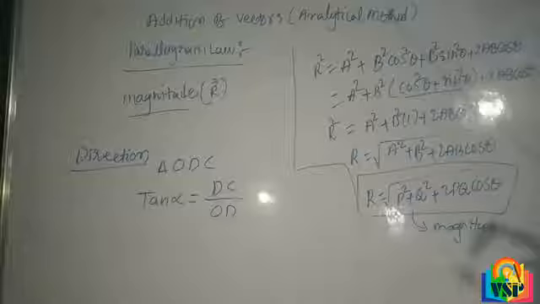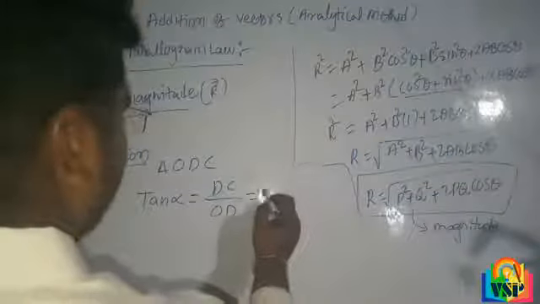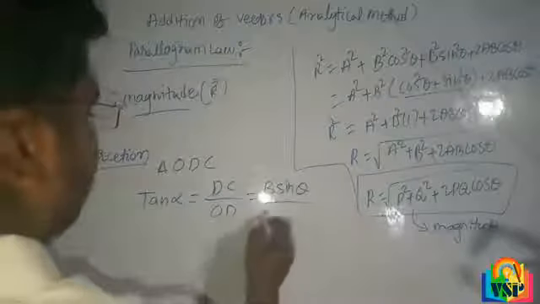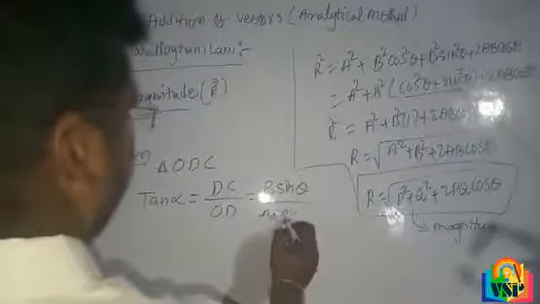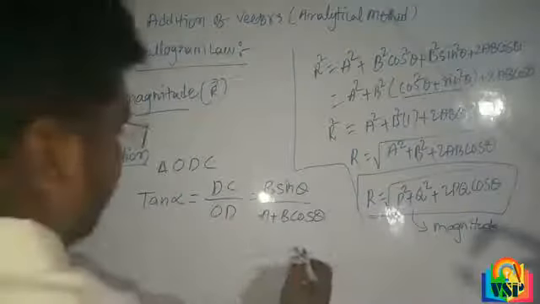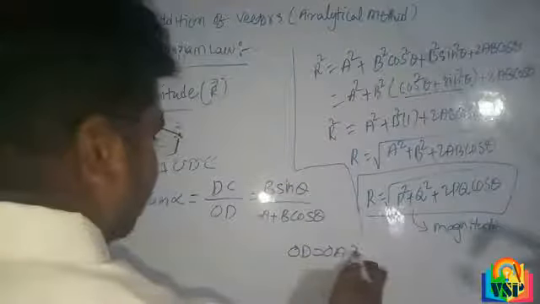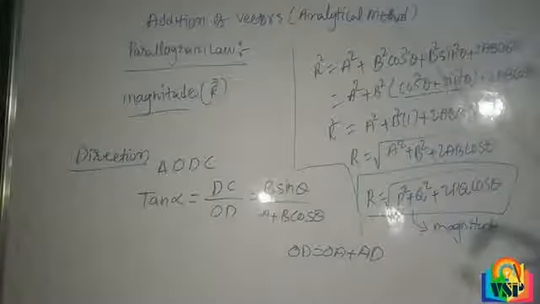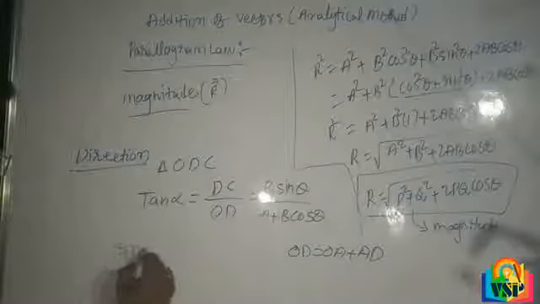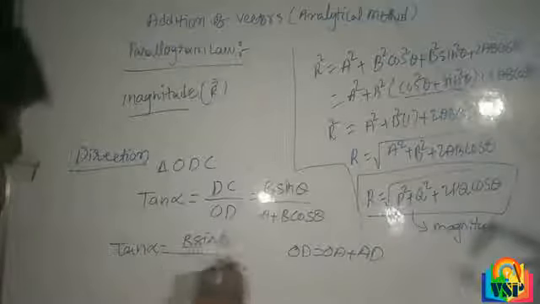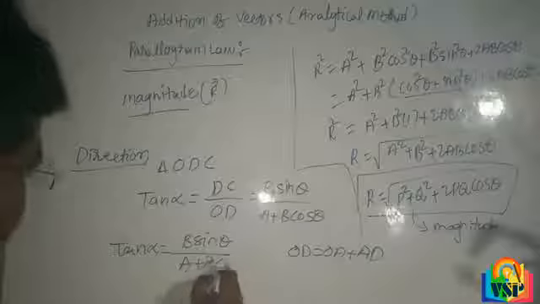So what is DC? DC means B sin theta. OD means A plus B cos theta, because OD is equal to OA plus AD. So tan alpha is equal to B sin theta divided by A plus B cos theta.